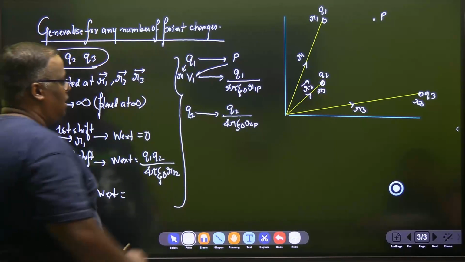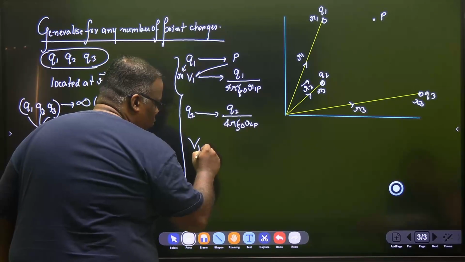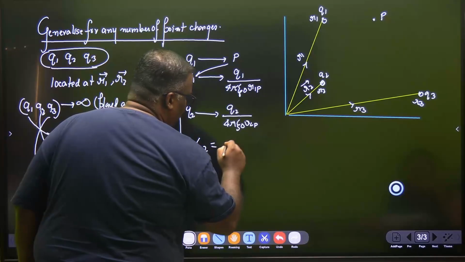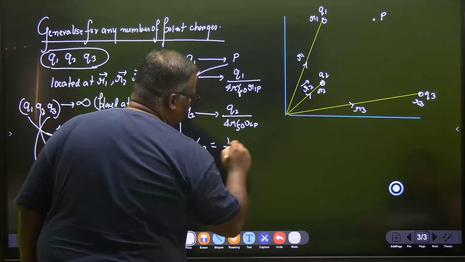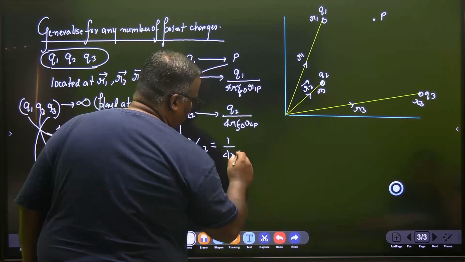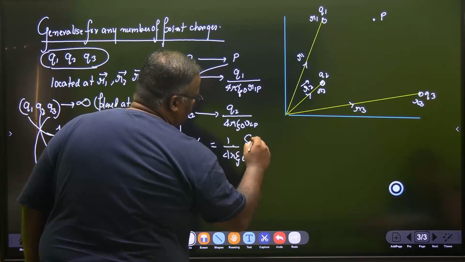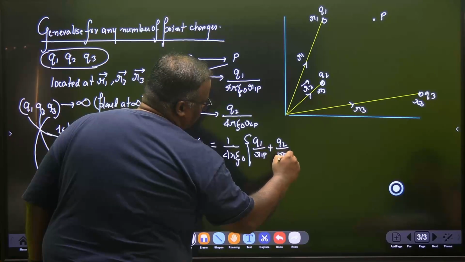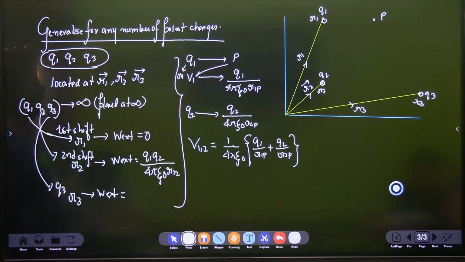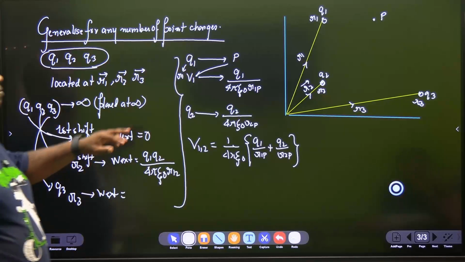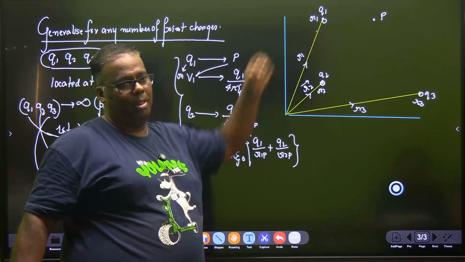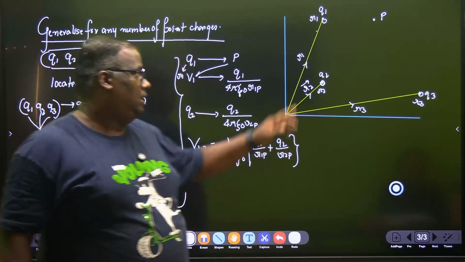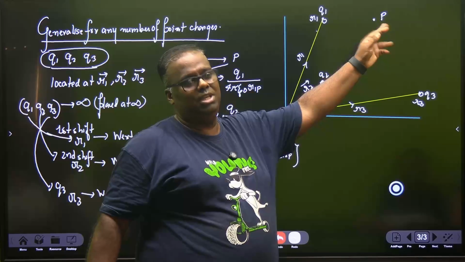So if I say what is the potential at P due to both 1 and 2, this will be given by 1 by 4 pi epsilon naught, Q1 by R1P plus Q2 by R2P. Is it absorbed or not? Just check what we are doing. But Q1 has already come to R1. Q2 has already come to R2. Then we see some arbitrary point P.